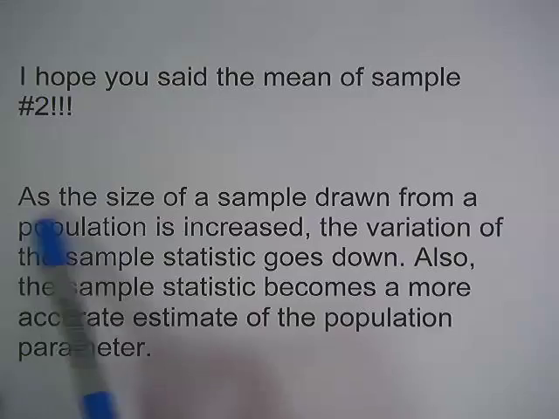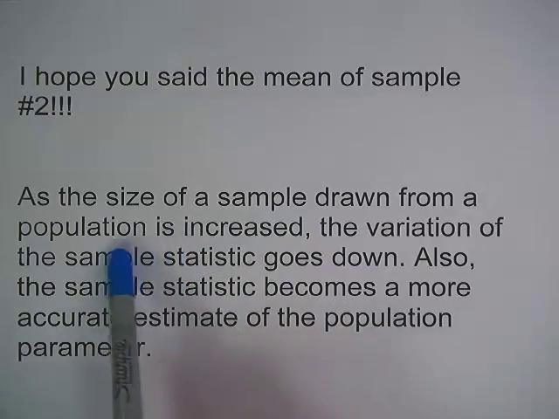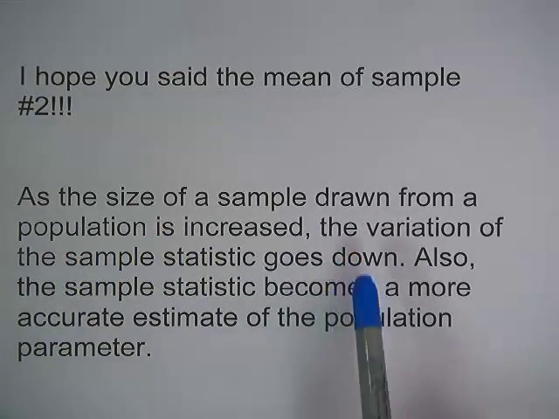Now, I hope you said the mean of sample number two, so you'd get some return on that bet. And this is why. As the size of a sample drawn from the population is increased, so if we went from a sample size of 10 to a sample size of 1,000, the variation of the sample statistic goes down. Also, the sample statistic becomes a more accurate estimate of the population parameter.